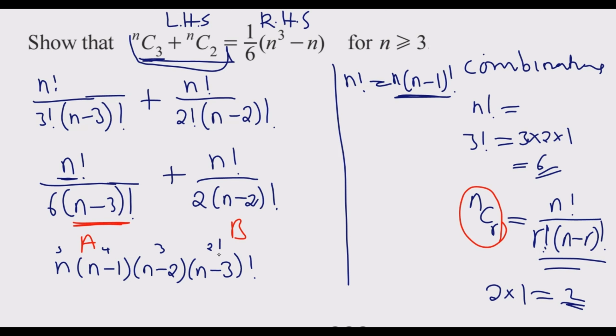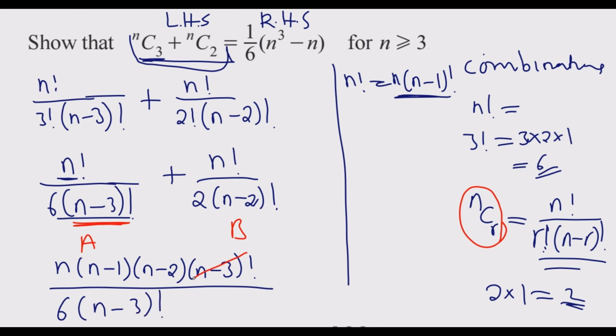So now, given that you understand what we're trying to do, we divide by this which is down here, which will be 6 times n minus 3 factorial. What you notice is these cancel. So I'm going to end up with this one over this one. It's the same principle that we are going to use. So this is for A. Then also for the second part, which is B, I'm going to use the red pen.